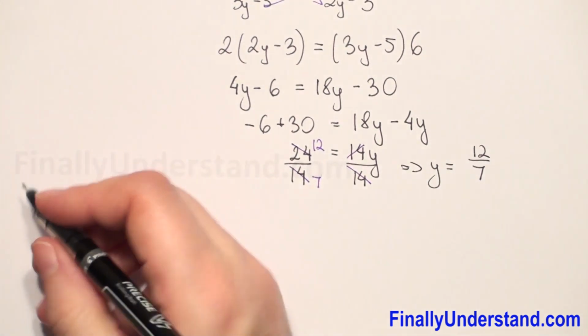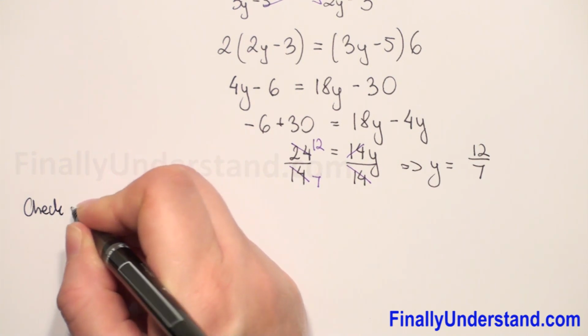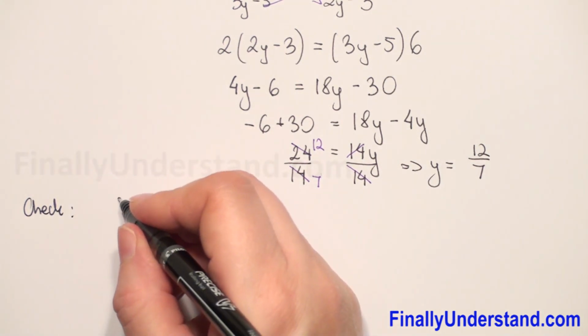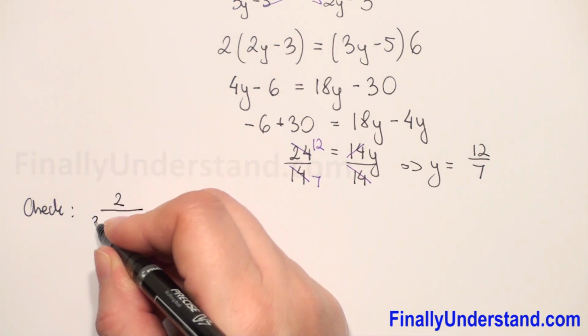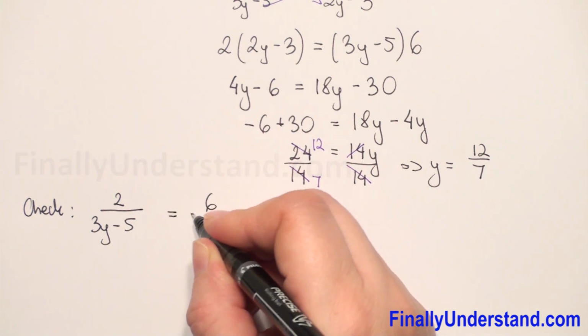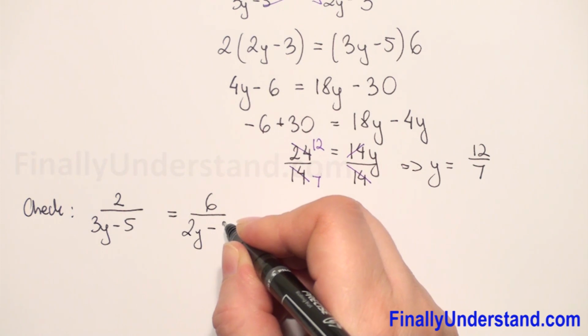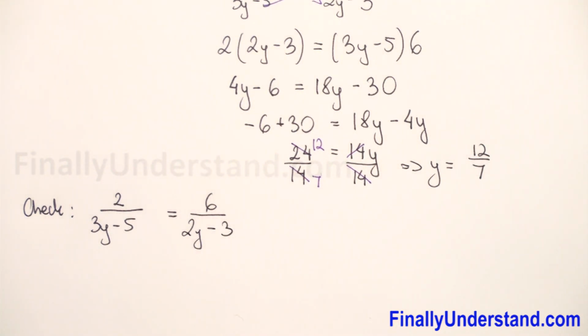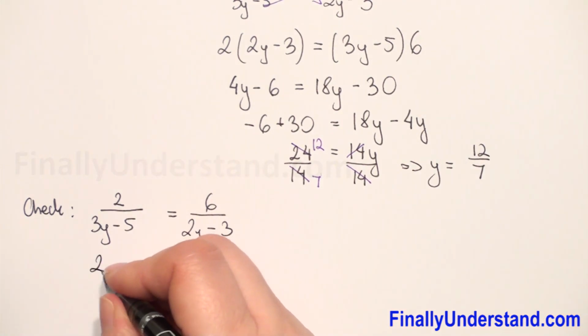So let me copy our original equation. We have 2 over 3y minus 5 is equal to 6 over 2y minus 3. So now I will substitute y by 12 over 7. So 2 we have to copy.